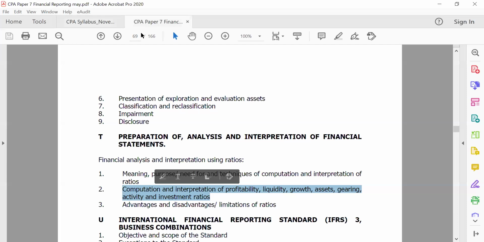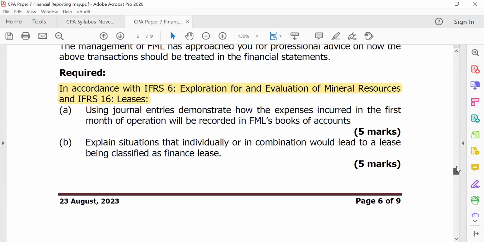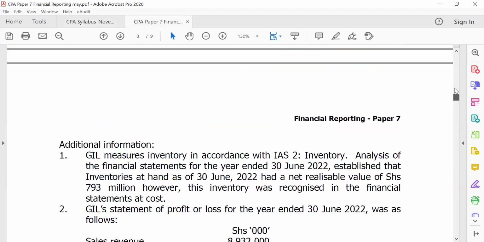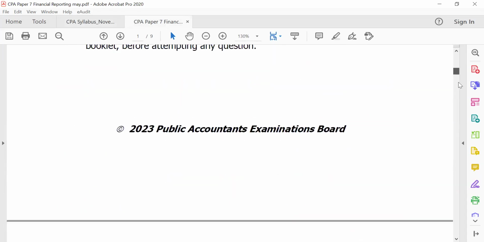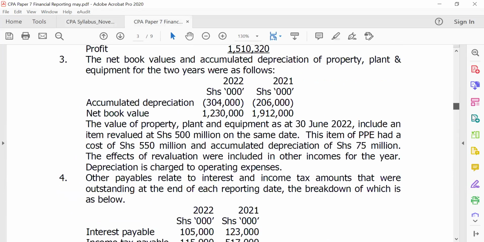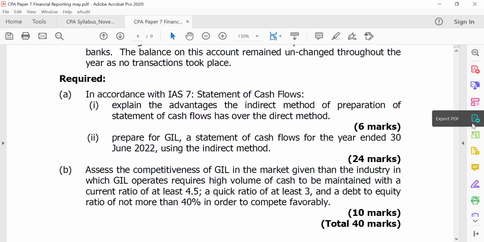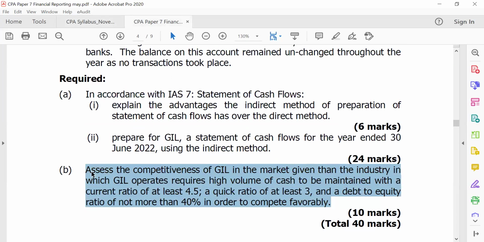And we also saw that it is something that the examiner does not just want us to learn, but it's something that he does examine. So I think one of the questions here was also trying to test us on our understanding of aspects of analysis, because it is giving us some of these ratios.